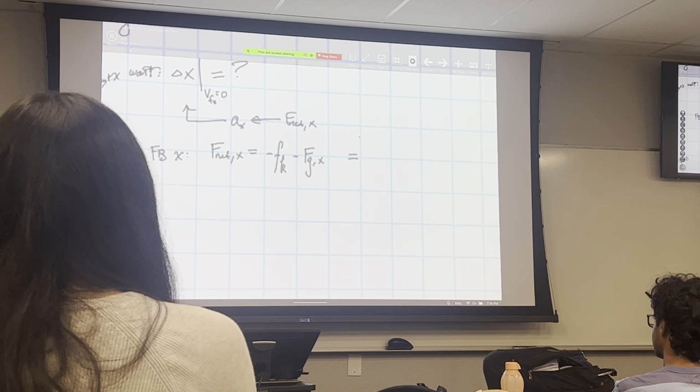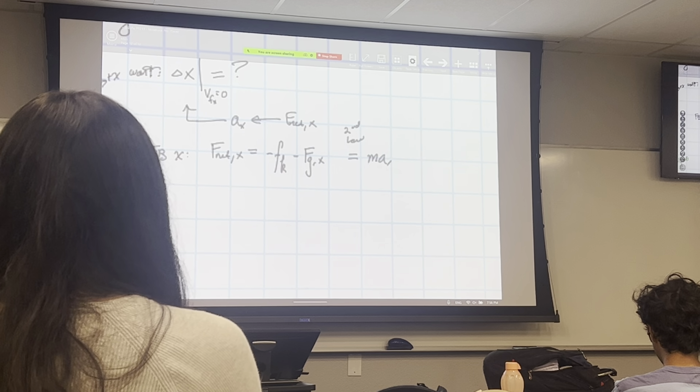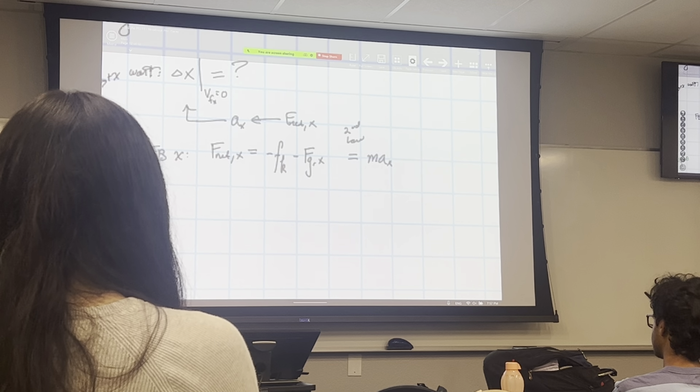And from Newton's second law, we know that this has to equal mass times acceleration in the x direction. Or simply, this is equal to negative mu k times n minus mg sine of theta.